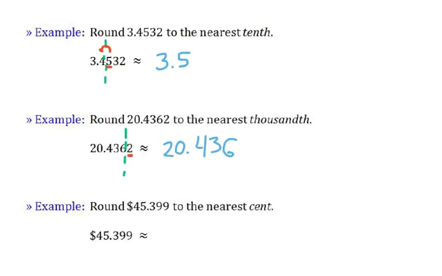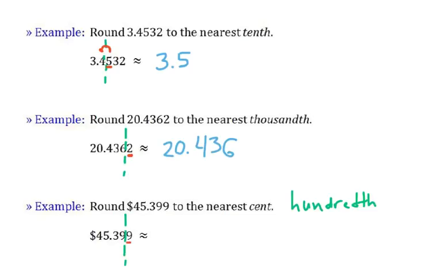Finally, we're going to do some rounding involving a money number, a dollar amount here. We're rounding to the nearest cent. Nearest cent implies we're rounding to the nearest hundredth, or 2 decimal places. So keeping that in mind, the first 9 ends on the hundredth place, so I'll be cutting off what follows.